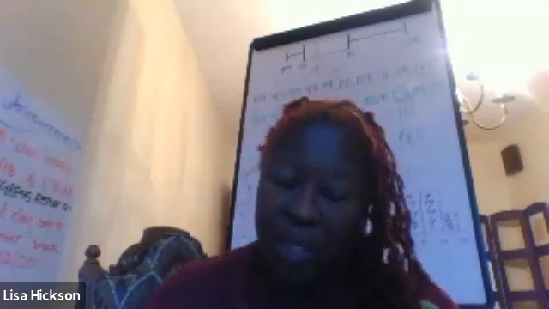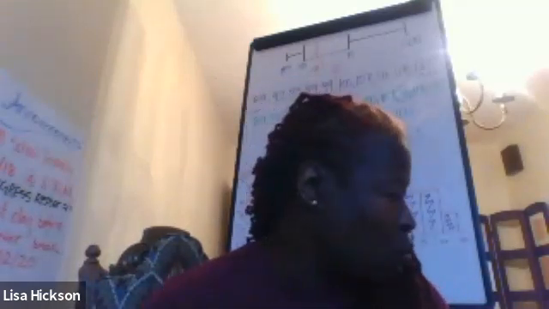Now, I want you to write this on your paper, just A, B, C, D, and then match, because remember, this is like your cool down. We already know that B matches 2.